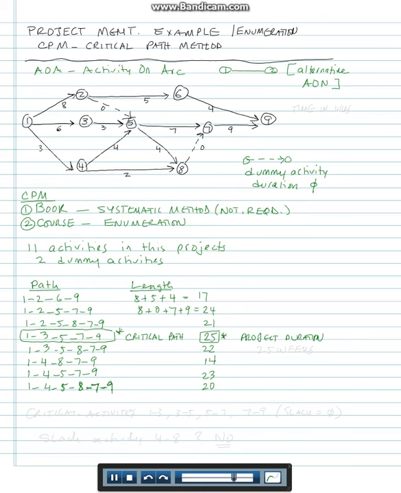If the time is in weeks, this project will take 25 weeks. The assumption is if you can finish the longest path in the network in 25 weeks, then you can have other people work on other tasks in the network simultaneously and finish them as well.